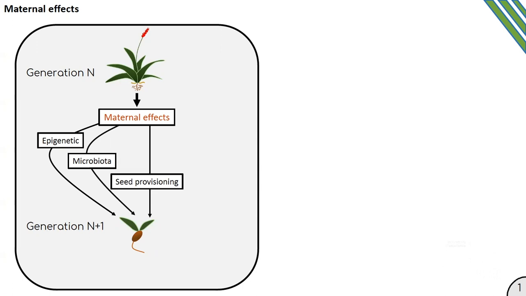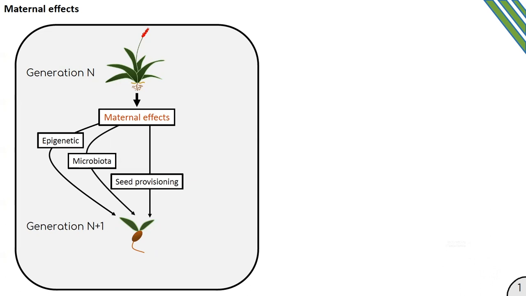For instance, they've been considered really important factors in local population and species adaptation, and especially rapid response to change in the environment, which is a crucial challenge in today's world.